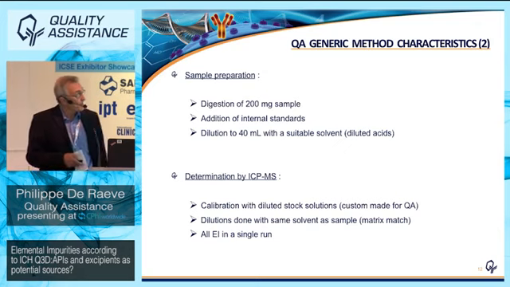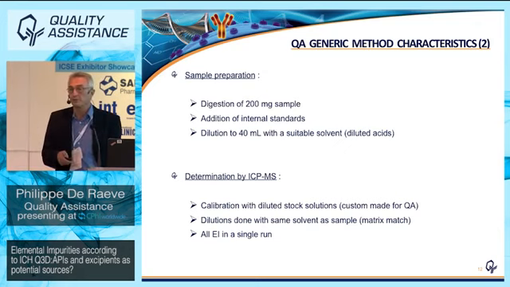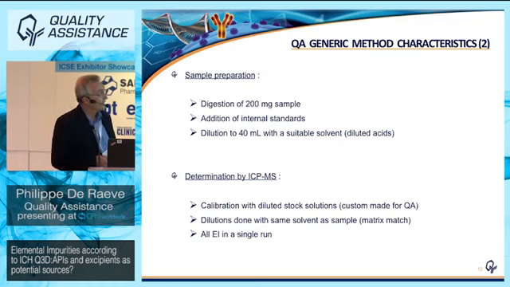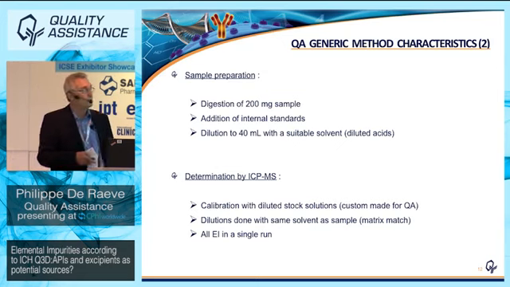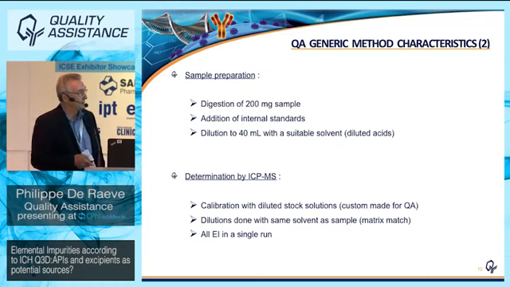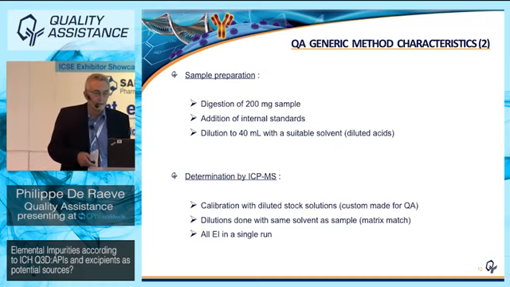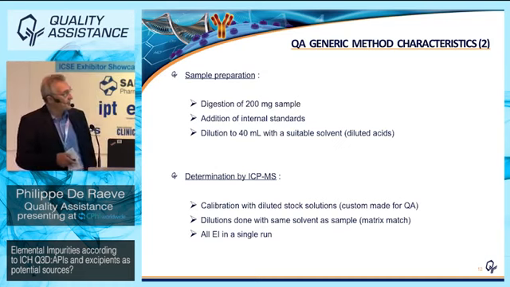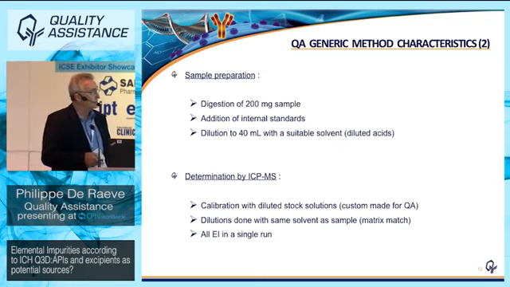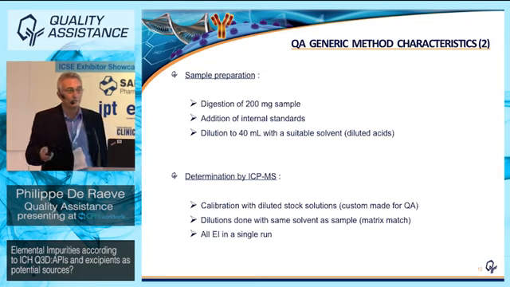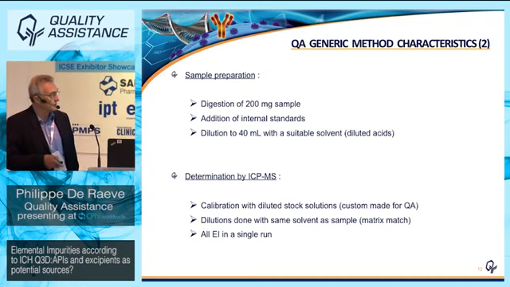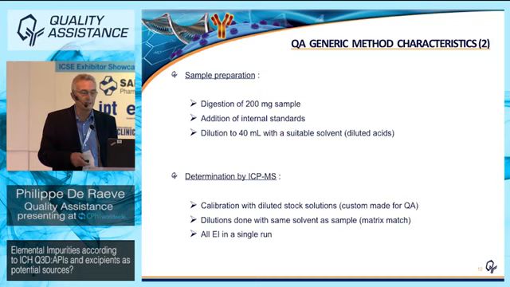For the sample preparation, we digest about 200 milligrams of sample. We add internal standard useful for the ICP-MS determination, and we dilute to 40 ml with a suitable solvent. That is a mixture of diluted acids. Calibration of the ICP-MS is done with diluted stock solution that are custom-made for quality assistance with different concentration according to the PDEs of the elemental impurities.